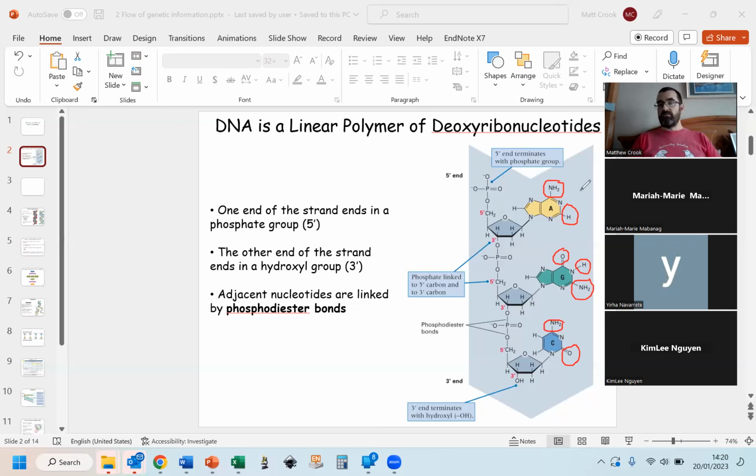And it's hydrogen bonds that hold together the two strands of DNA.